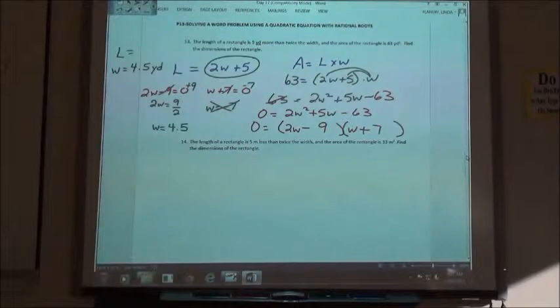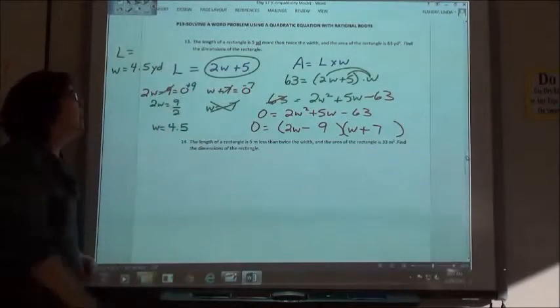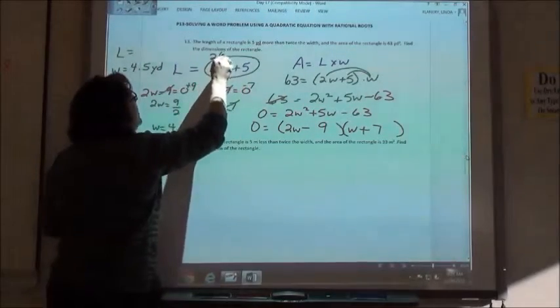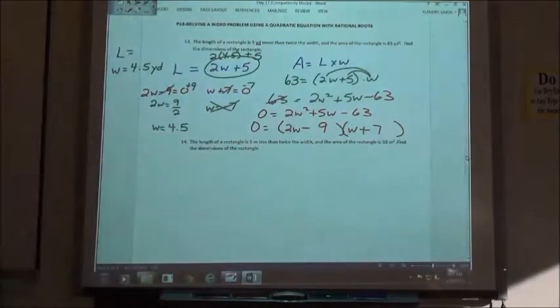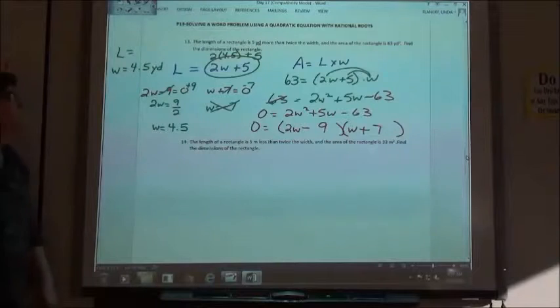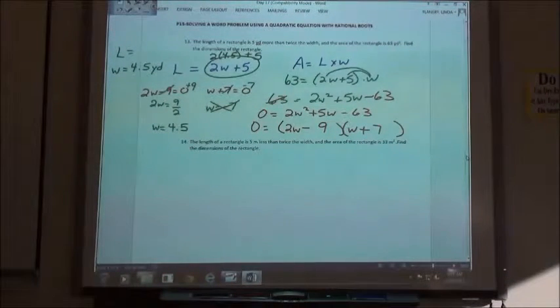In order to find the length, we go to the very first thing we did, which said the length was 2 times the width plus 5. So if you take 2 times 4.5 plus 5, what do you get? 14.